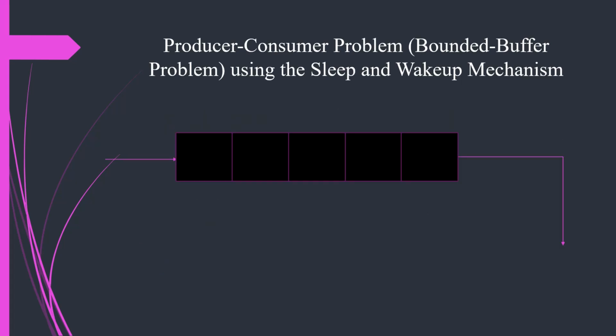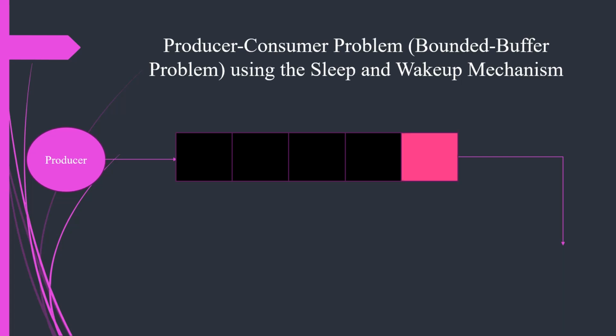Okay, so this is a problem we are going to see in graphical mode, how this problem is going to work. On the left hand side we have the producer. Whenever I click this, the producer is going to add some items in this buffer.